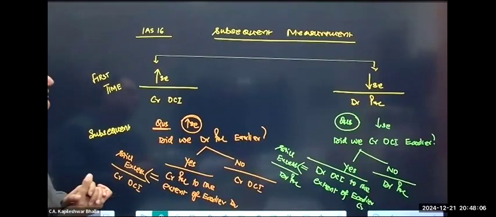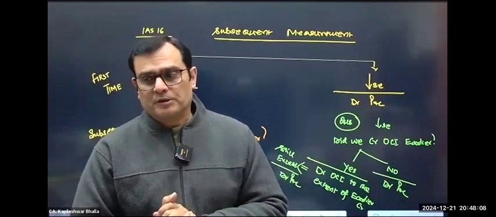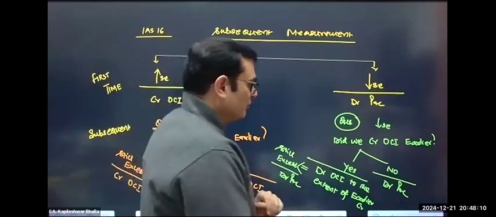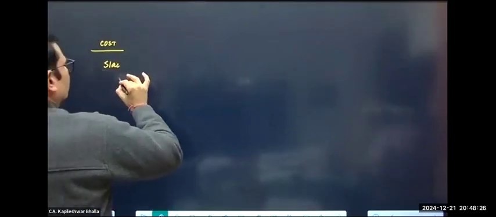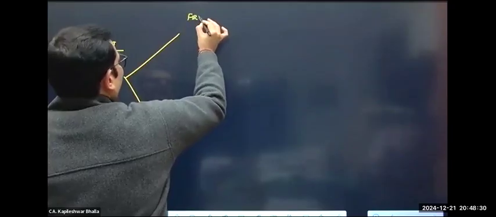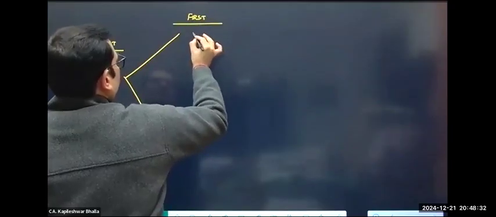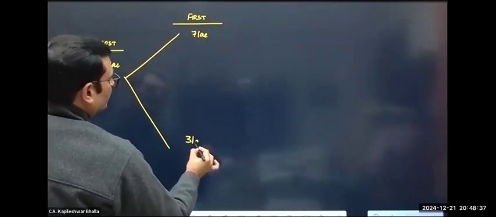I'll take a very simple example to give you the permutation combinations on this chart before we end. Let's give you a simple chart. Let's consider that the asset is at a cost of, let's say, 5 lakh. I'm ignoring depreciation. Let's say first time there is a revaluation at 7 lakh, or let's say there is a revaluation at 3.